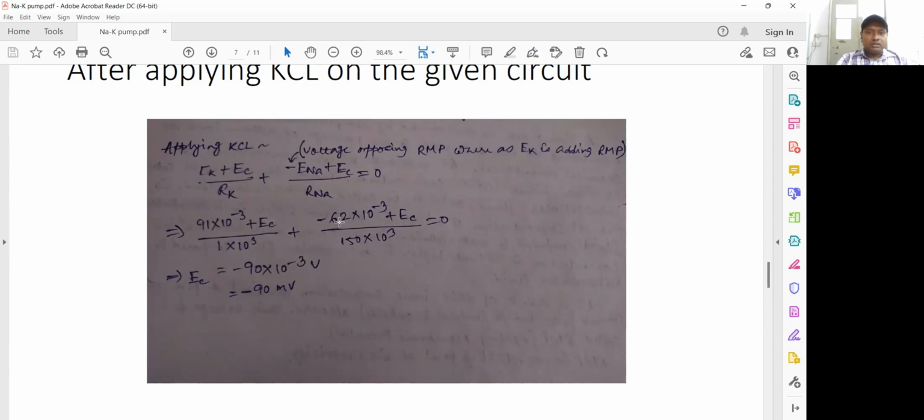Minus ENA 62 millivolt plus EC divided by 150 kilo ohms is equal to 0. Now after calculation, we got EC equal to minus 90 into 10 to the power minus 3 volt, that means minus 90 millivolt.